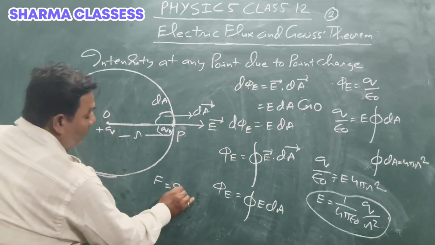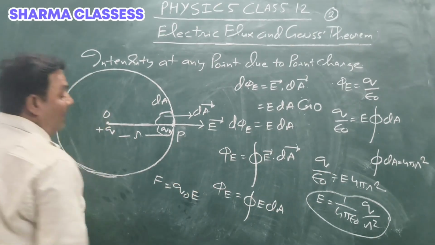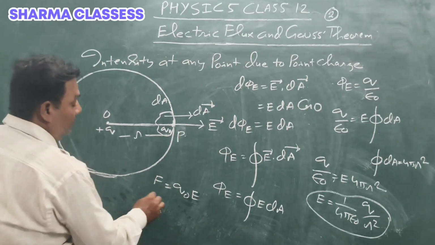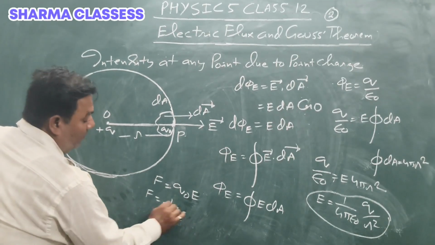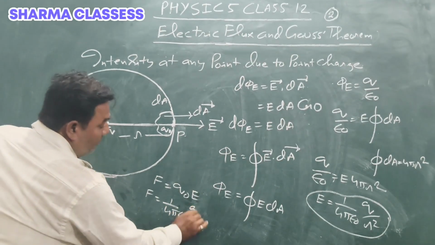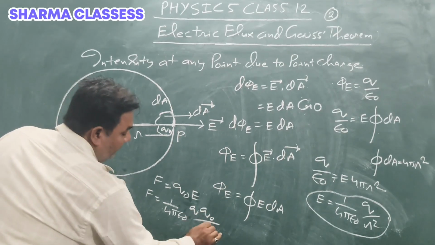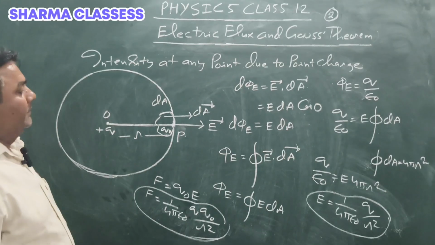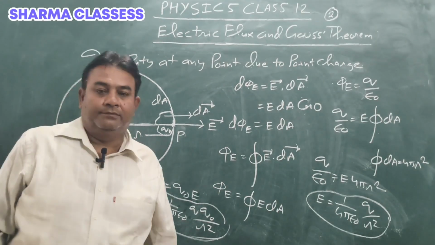F is equal to Q naught E. To prove Coulomb's law, we place a test charge at this point. So the force acting on it, F is equal to Q naught E, and putting the value of E, 1 upon 4 pi epsilon naught Q Q naught upon r square, that is Coulomb's law. This is the first application of Gauss theorem.